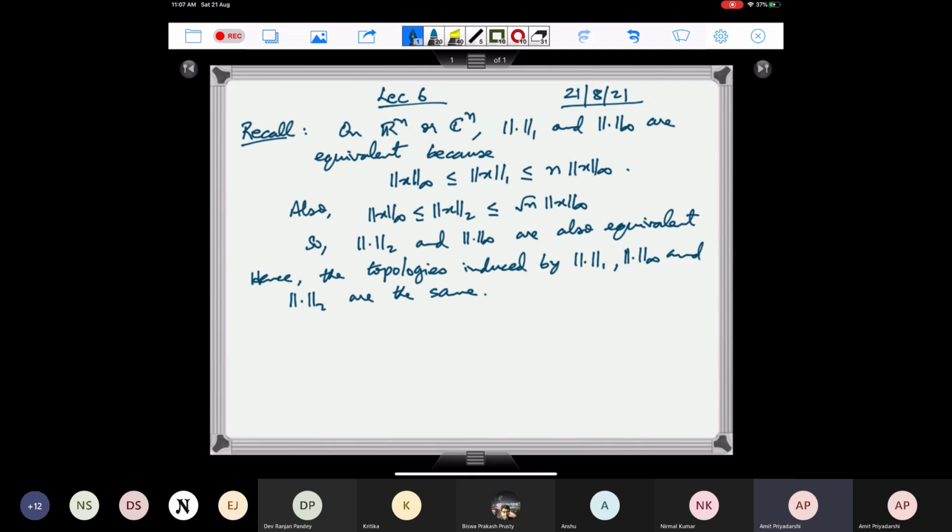What we will prove is that in fact any two norms are equivalent, so they will induce the same topology. So this we get.